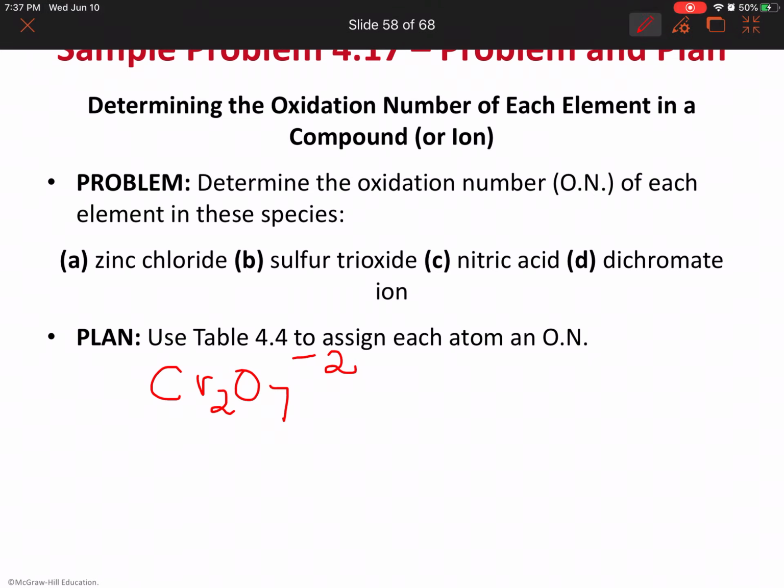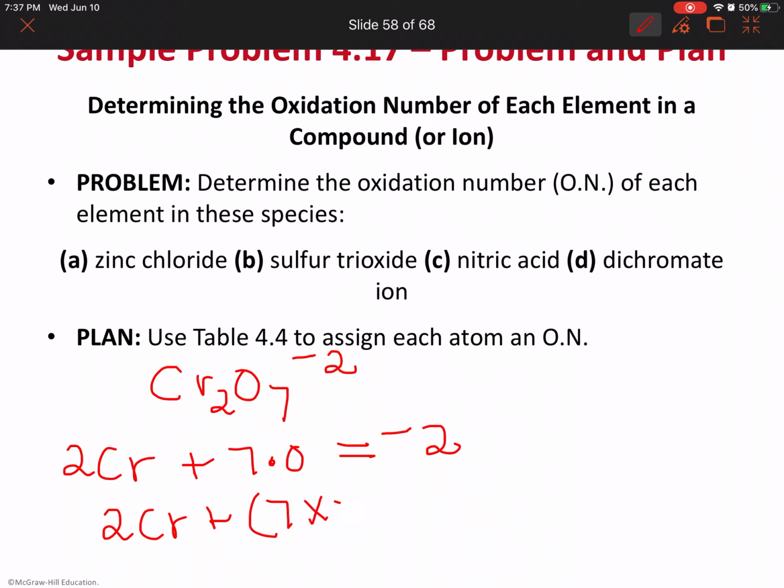Now there are 2 chromium plus 7 oxygen. When we add up the oxidation numbers, it should equal -2. Now between chromium and oxygen, from the rules table, we can find the oxygen oxidation number, which is -2. So 2 chromium plus 7 times -2, which is -14, equals -2.